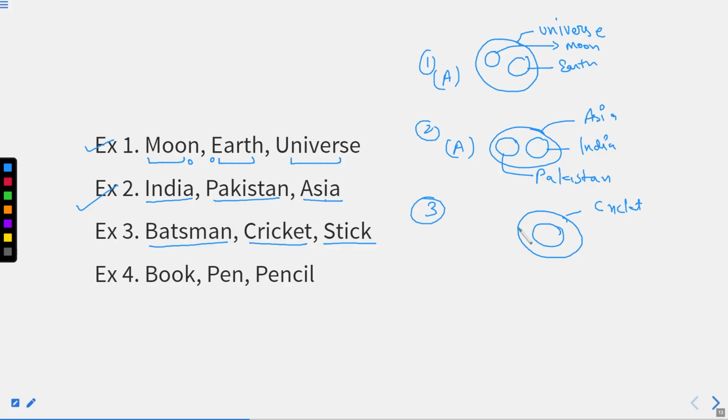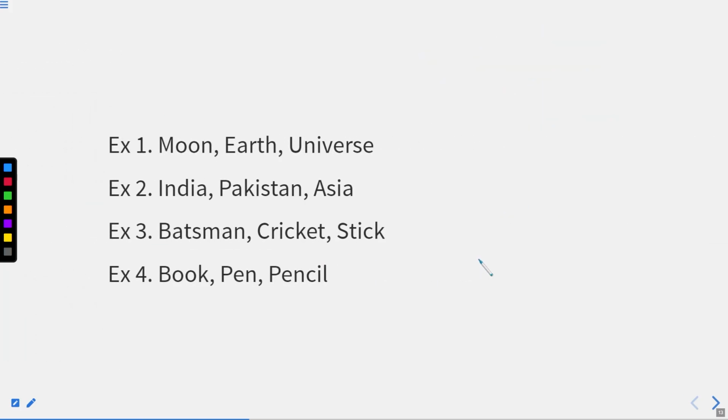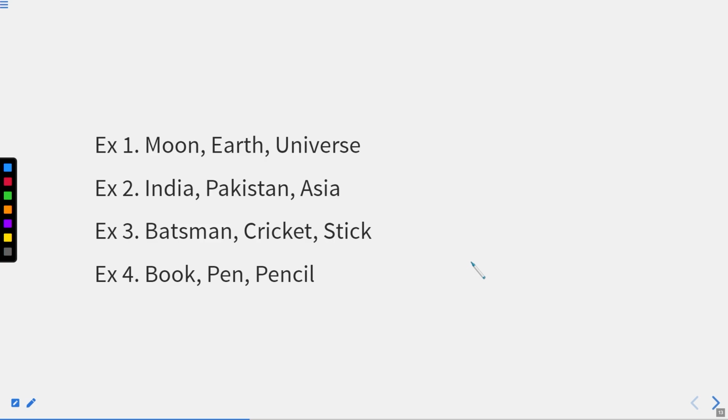So if I represent this circle as batsman, what is a stick? Stick is used in golf, so I'll take it out. And this is our option number C. I think we can check from the back side. Yes, this is our option number D that we have just drawn.